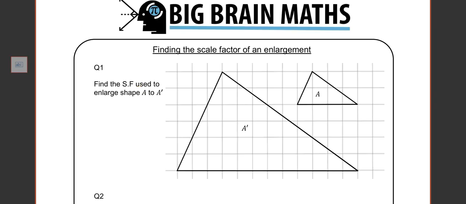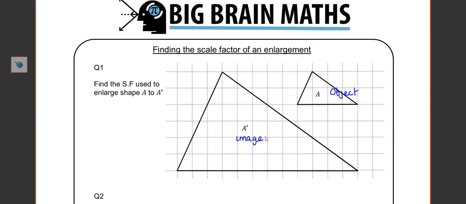So, in this case, which one's the object? A. A is the object, and A dash is the image. How do you know A dash is the image? Because the dash means it's the image.